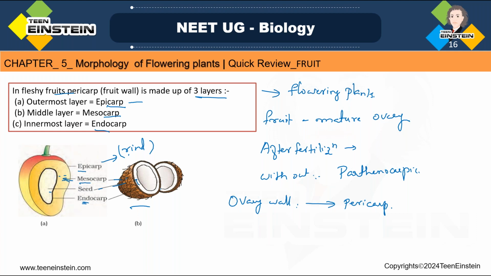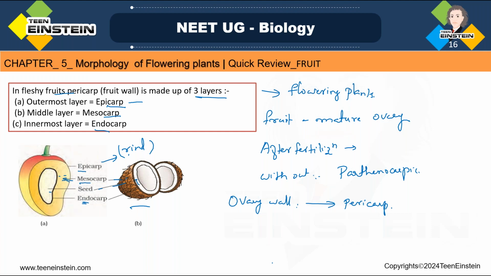So the middle layer, which is thick and fleshy, is in the case of mango. Then in peach, in date palm, in all these, the middle layer is thick and fleshy, and that is edible. And in coconut, that layer is made up of fibers, and that is called coir, right? In coconut, mesocarp is made up of fibers.